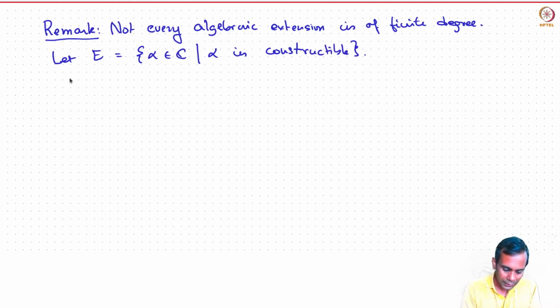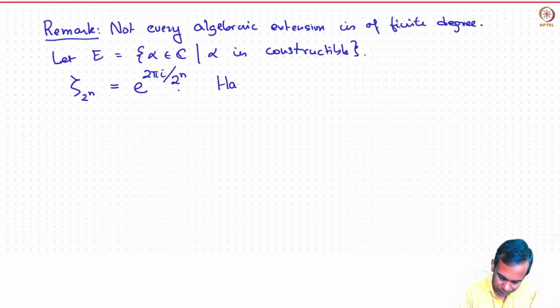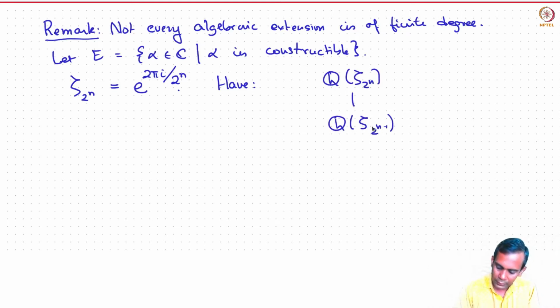Then we have elements zeta to the power 2^n. So this is the 2^nth primitive root of unity, which I can take to be the complex number e^(2 pi i / 2^n). Then we have a tower of extensions. Q(zeta_{2^n}) contains Q(zeta_{2^(n-1)}), because zeta_{2^(n-1)} is just the square of zeta_{2^n}, and so this element is contained in the field above, and therefore this is a subfield.